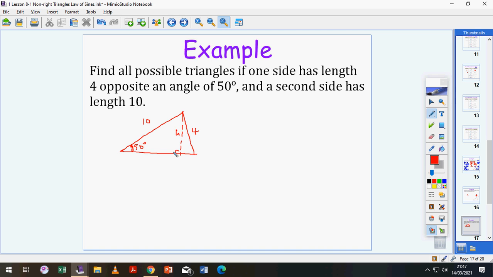If I drew the sketch like this, that's not good news, because this triangle is not possible, right? So there are no possible triangles if that's the case. Let me see if I can change things up and try to work this differently.